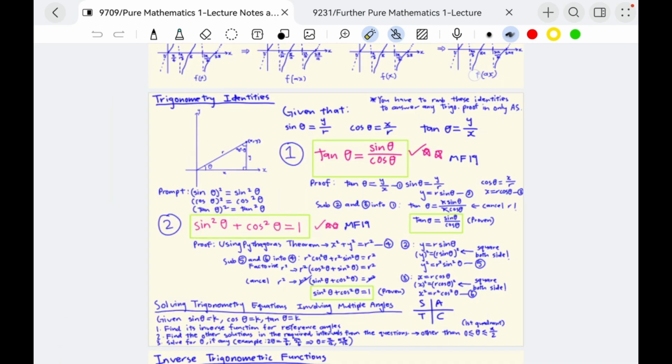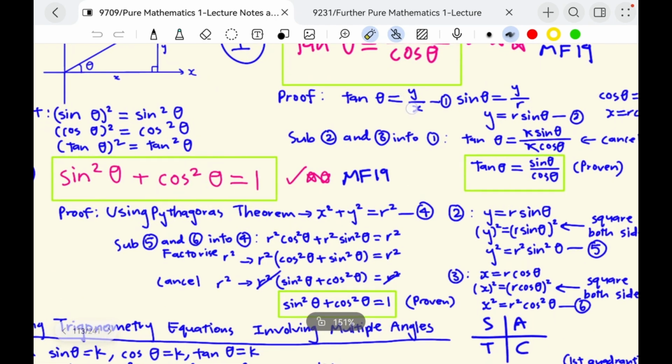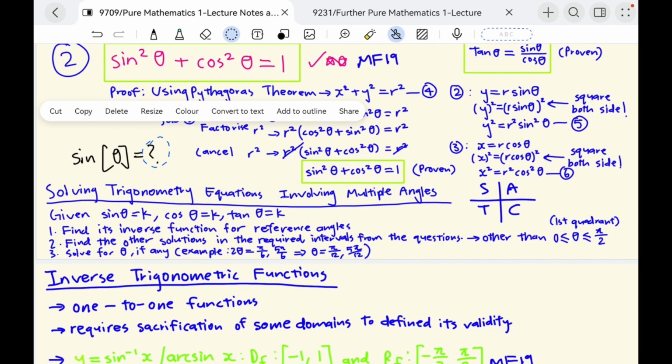So for the trigo identities, these two have been shown in the MF19, so I'm not going to cover them too much. For solving trigo equations involving multiple angles, such as the sine of any transformation of theta equals some real value, solve for the outside first for the few intervals before getting to the theta answer.